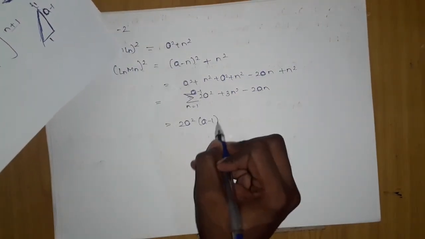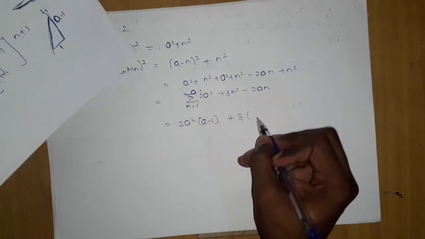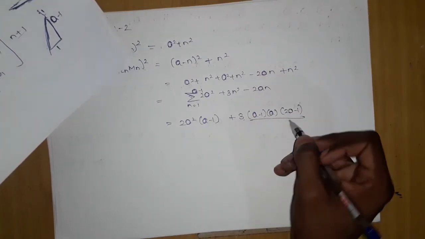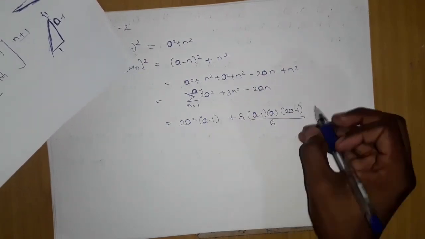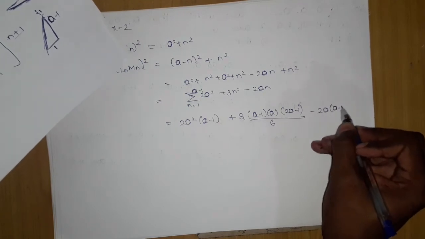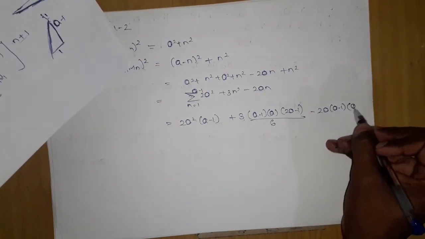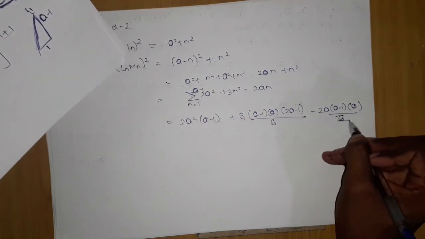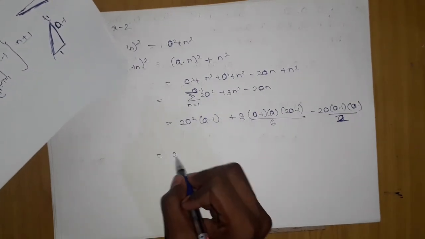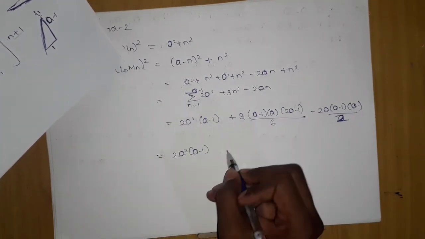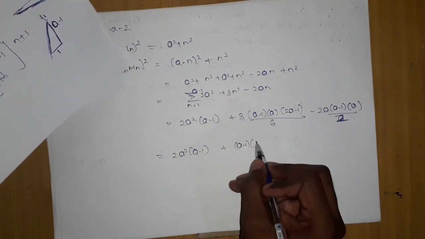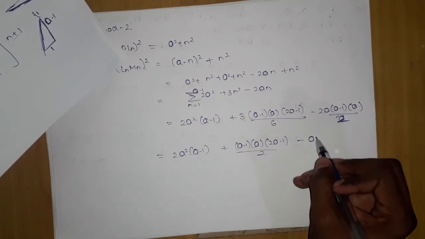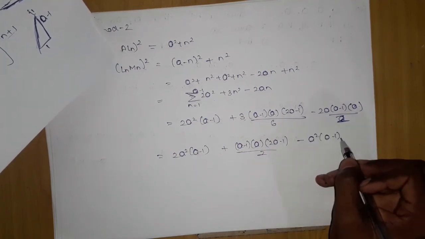Here a minus 1 will be added a minus 1 times, 3 times a minus 1, and here a into 2a minus 1, since we are applying the sum of n square formula, which is n into n plus 1 into 2n plus 1 upon 6. So we are getting 2a square into a minus 1, and 3 into a minus 1 into a into 2a minus 1 by 6, giving me a square into a minus 1.